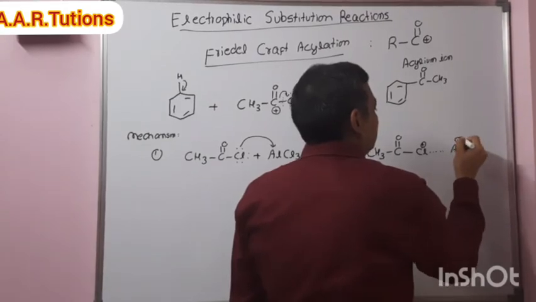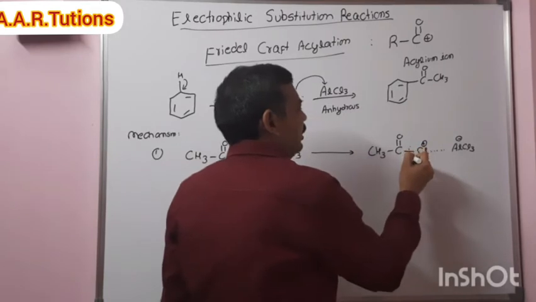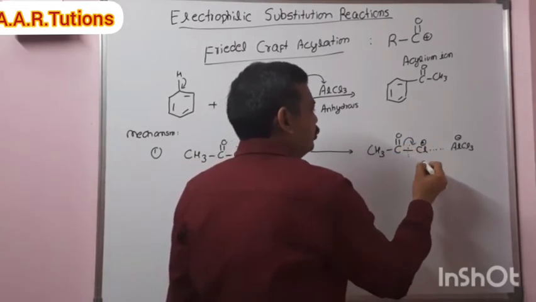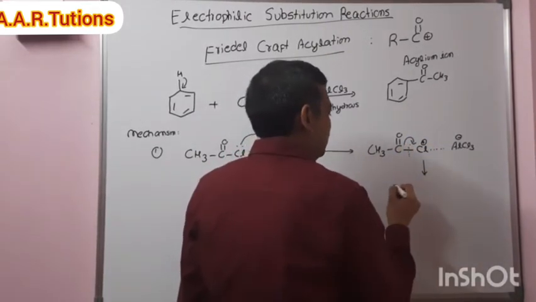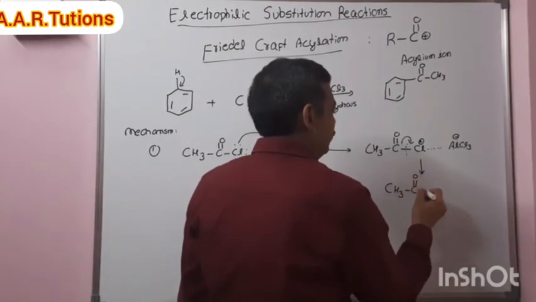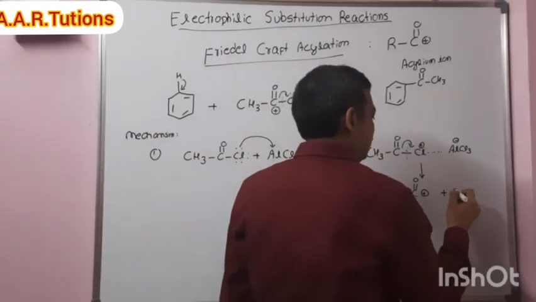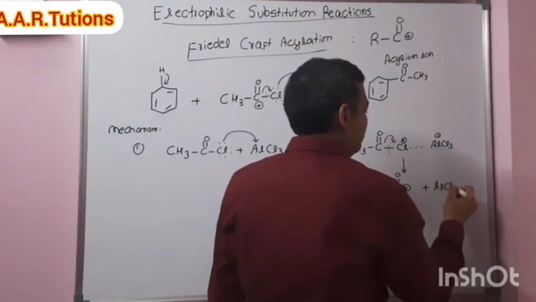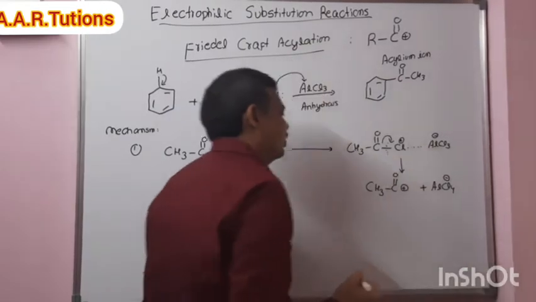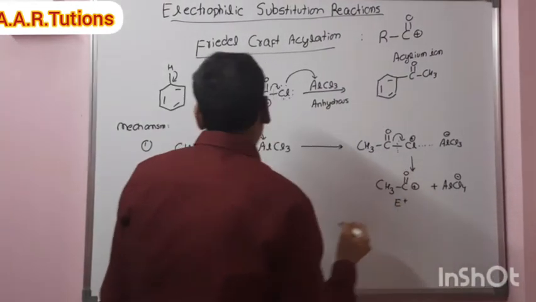After that, this bond becomes weak, undergoing cleavage, with a shift of electrons towards chlorine. As a result, we get the acylium ion CH3CO+ and AlCl4-, the conjugate base. So this is the electrophile in the Friedel-Crafts acylation reaction.